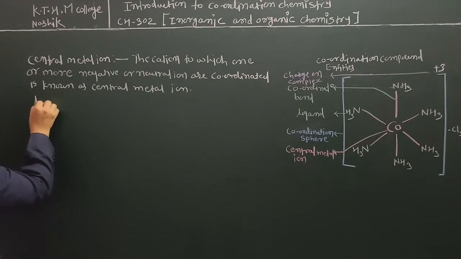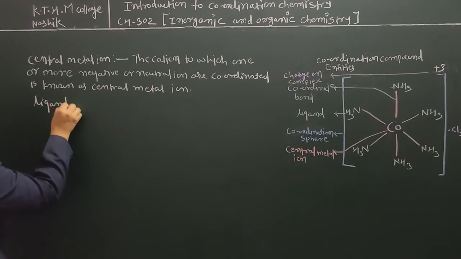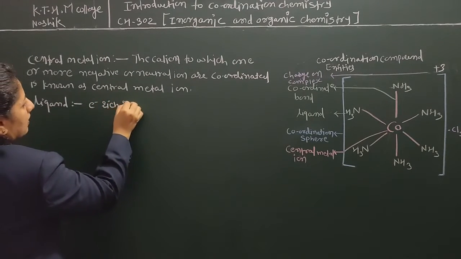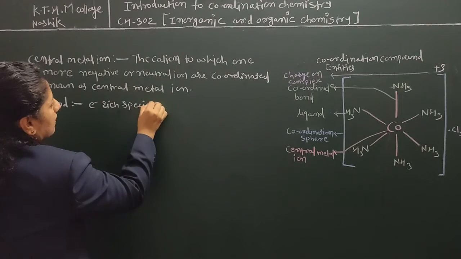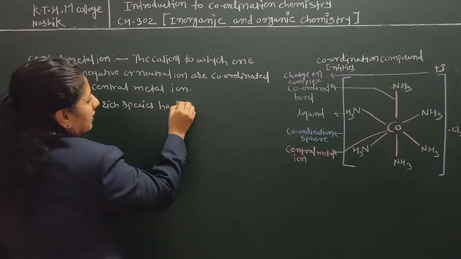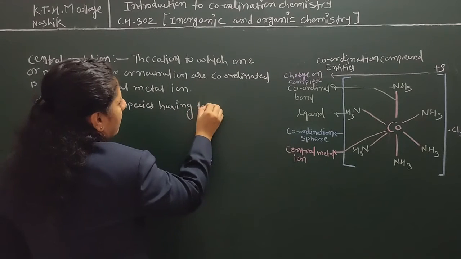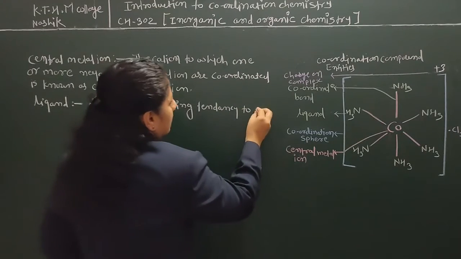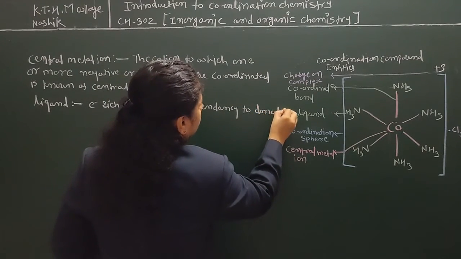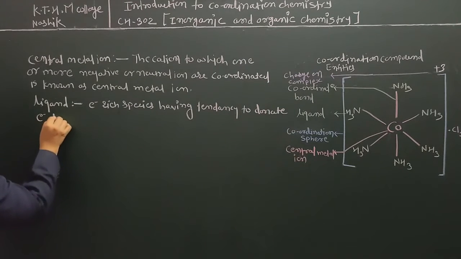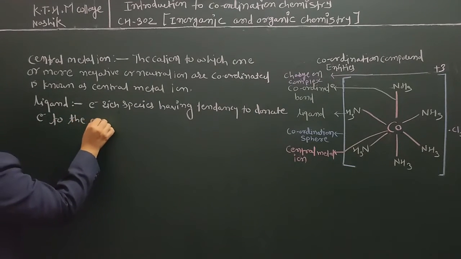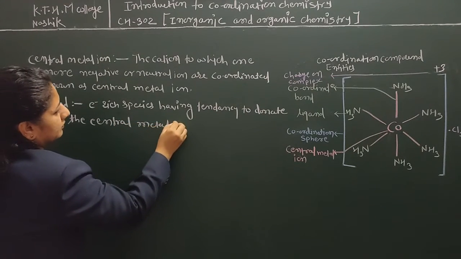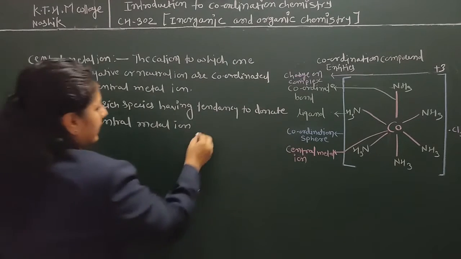Now, what is meant by ligand? A ligand is an electron-rich species having a tendency to donate electrons to the central metal ion.